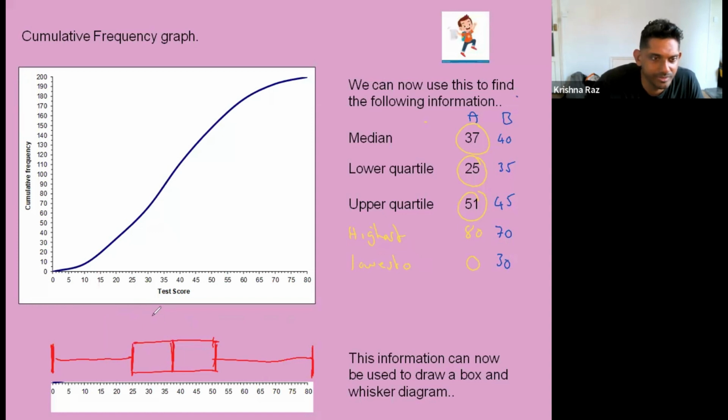So I'm going to have something at 30. I'm going to have a point at 35, a point at 40, and a point at 45, and another one at 70.